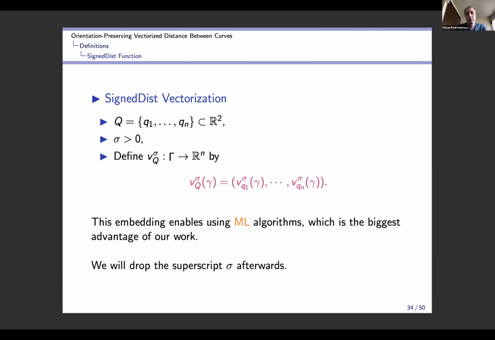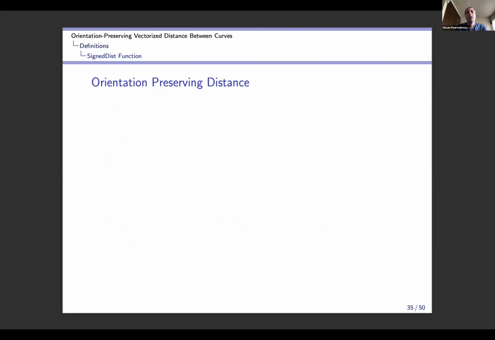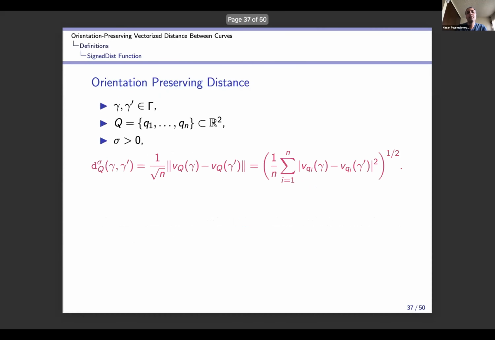And we will drop the sigma notation for convenience. Now the orientation preserving distance we introduce is the Euclidean distance between the two embedded curves in the Euclidean space. So first of all, we take two curves and then we embed them in a Euclidean space, with the dimension being the size of Q. And then we take the usual Euclidean distance between them and then we normalize.